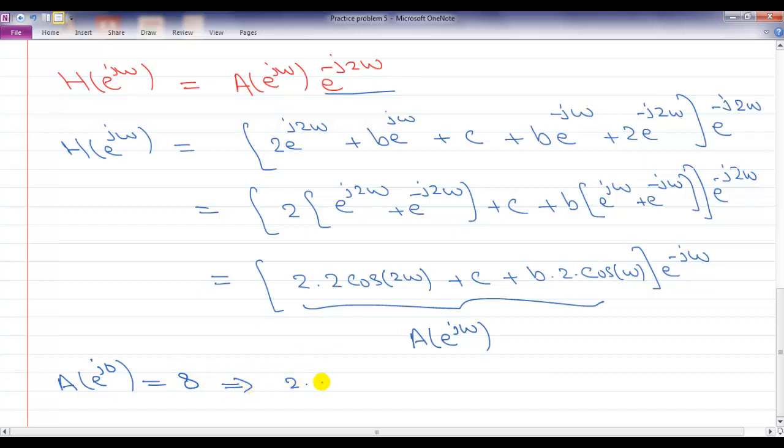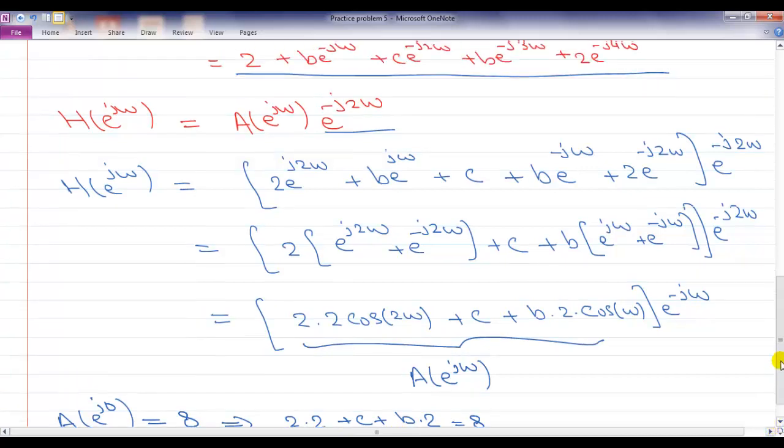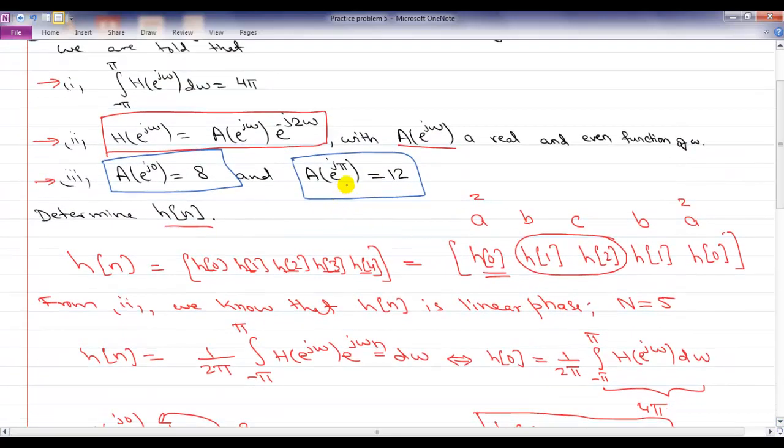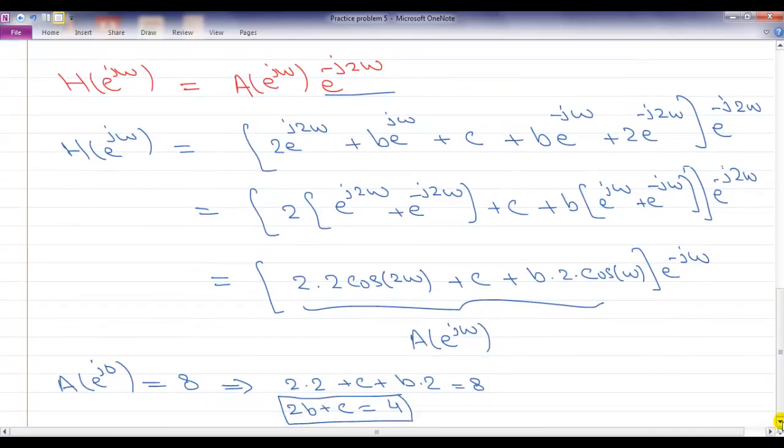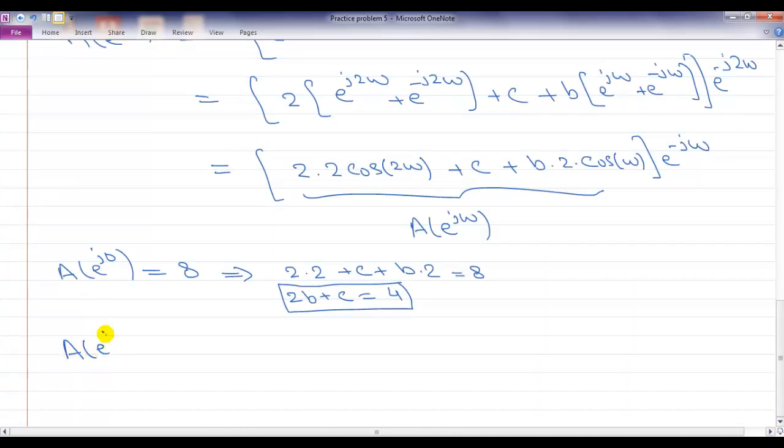This means that 2 times 2 plus c plus b times 2 is equal to 8. And that means that 2b plus c equals 8 minus 4, that's 4. So I have one equation from here. And then the next condition I have is A of e to the j pi is 12. So I plug that in.